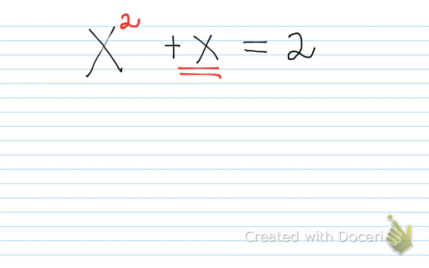So if there's this x term, the only way to solve these problems is to move everything over to the other side and get the problem to equal 0. We now have x squared plus x take away 2.